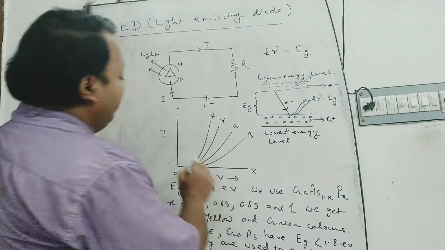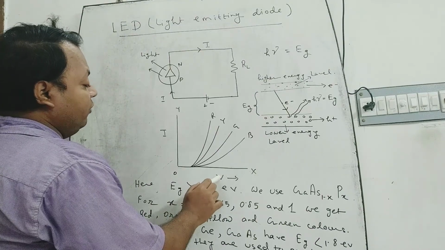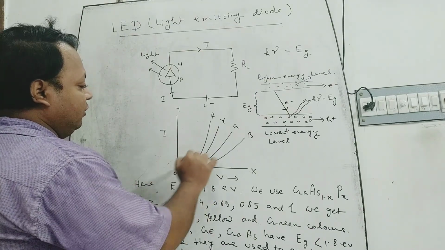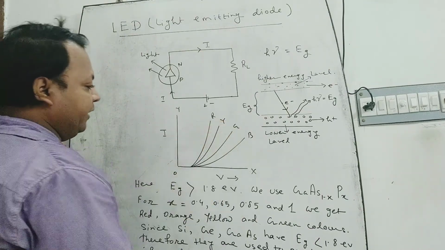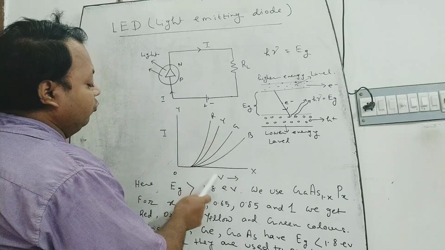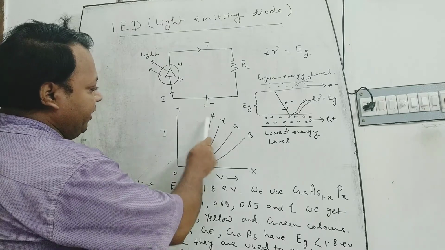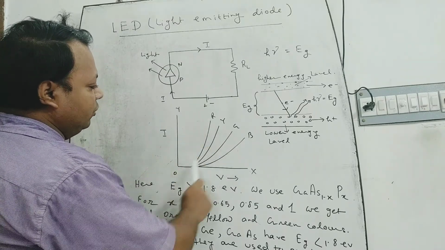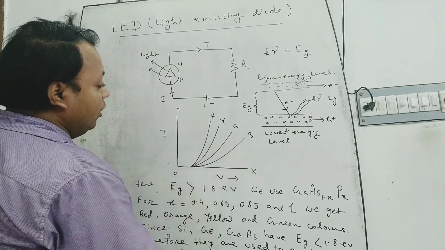This is the graph between potential difference and current. This is the graph of forward bias. This graph shows the variation of current with potential difference for red light, this is for yellow, this is for green, and this is for blue light.